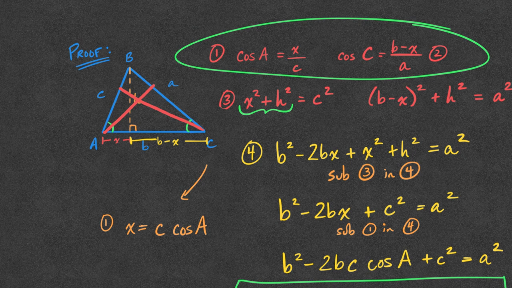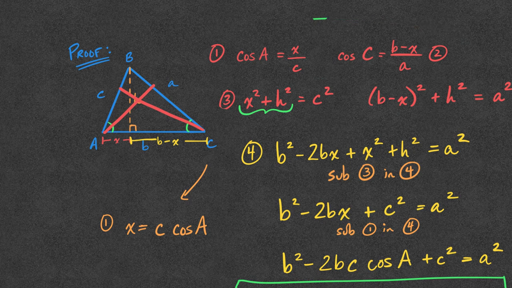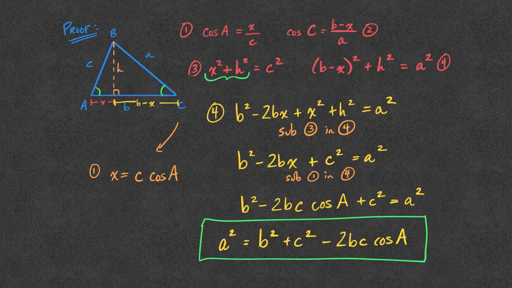Rather than breaking apart angle B, we could have broke apart A or broke apart C. That means that we would have different versions of cosine law depending on how we dropped in our height.